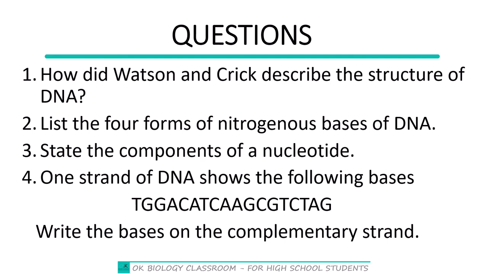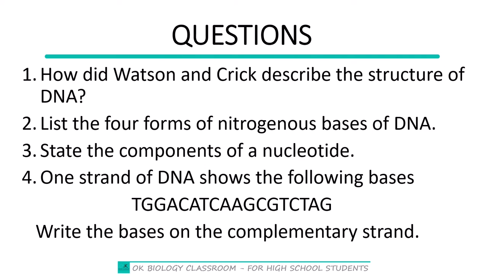And the fourth question says that one strand of DNA shows the following bases: T, G, G, A, C, A, T, C, A, A, G, C, G, T, C, T, A, G. So what you're going to do is that, since these are the nitrogenous bases on one strand, you are going to write the nitrogenous bases on the complementary strand.